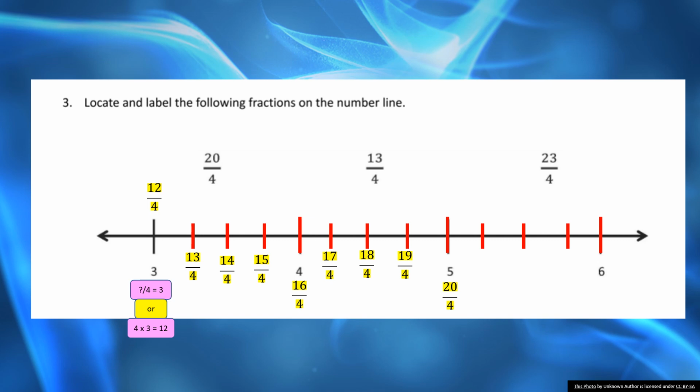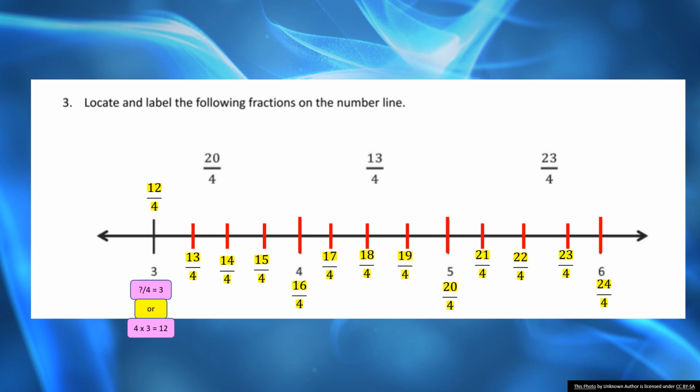So after 20 fourths, you have 21 fourths, then 22 fourths. After that, 23 fourths. And finally, 24 fourths. Now, make sure 24 fourths is written under the number 6. And I know it's supposed to be there because 24 divided by 4 is 6. So that means that 24 fourths is equivalent or equal to 6.